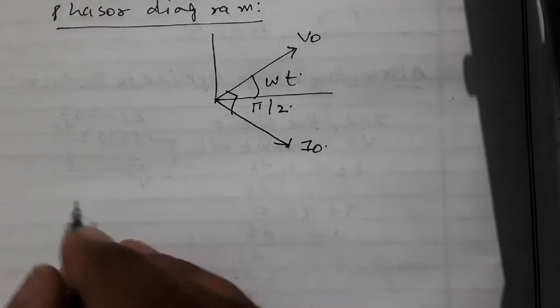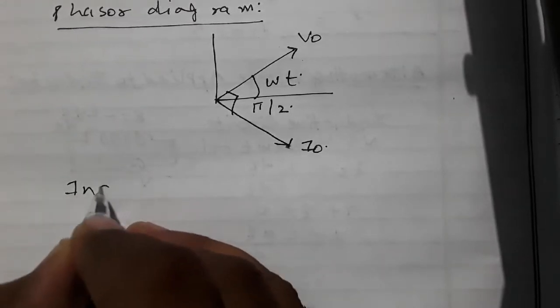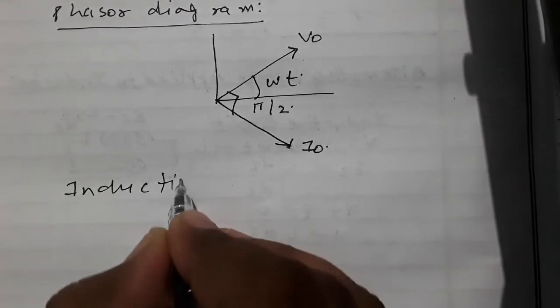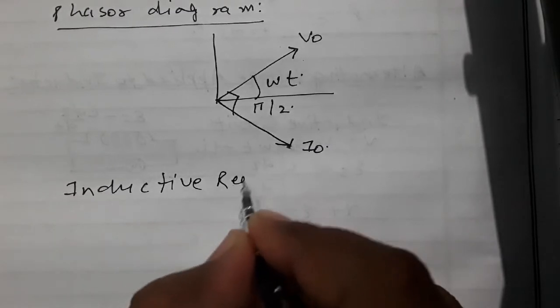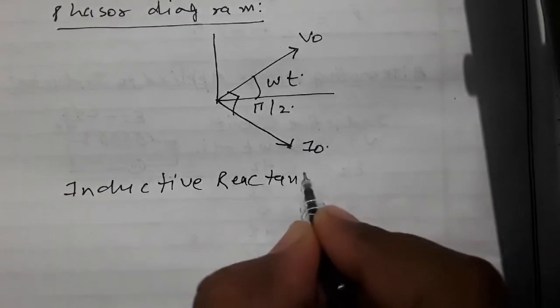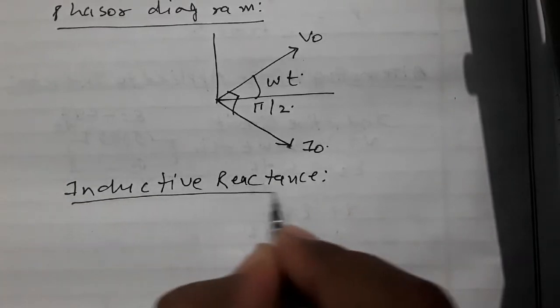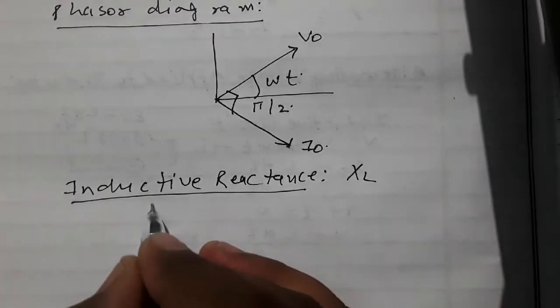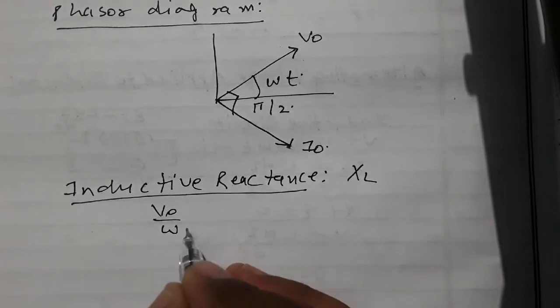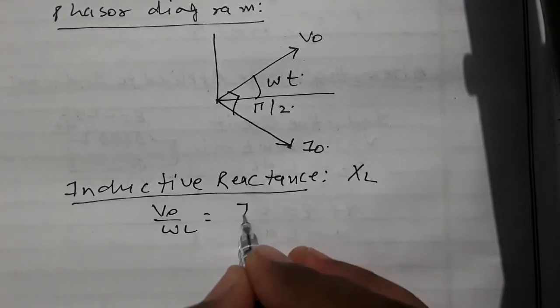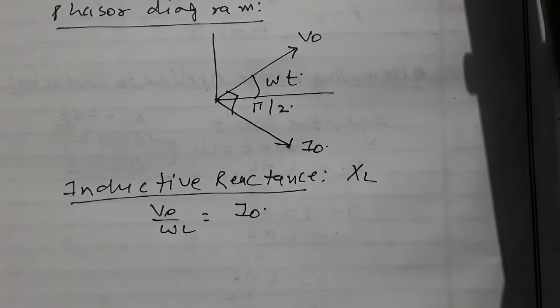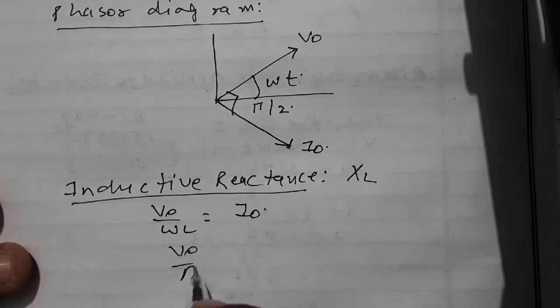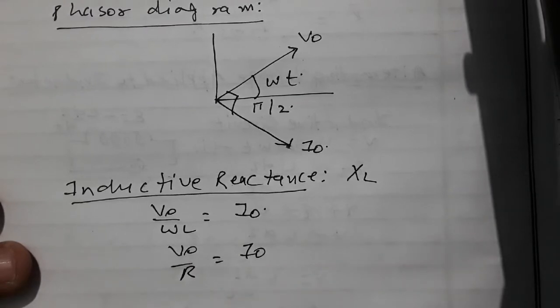Now the next topic is inductive reactance. This is denoted by XL. We have supposed V naught by omega L is equal to I naught. According to Ohm's law, V naught by R is equal to I naught.